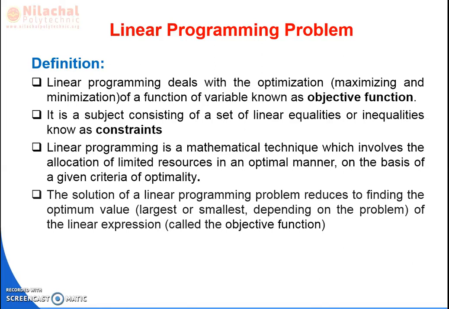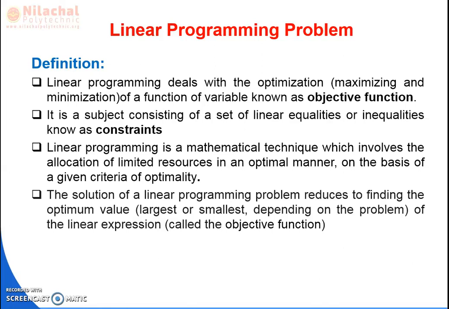There are different optimization techniques, and we are going to take one optimization technique, that is the linear programming process. The linear programming problem is one technique where we find out the maximum profit and minimum loss in a production system, and this is an optimization technique.